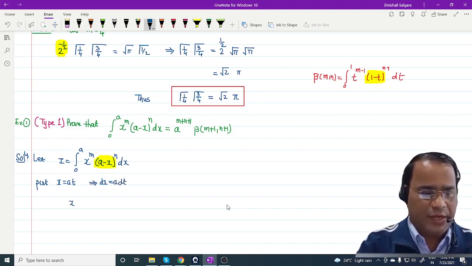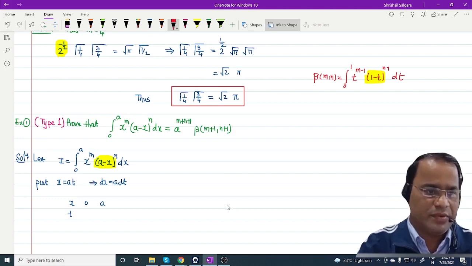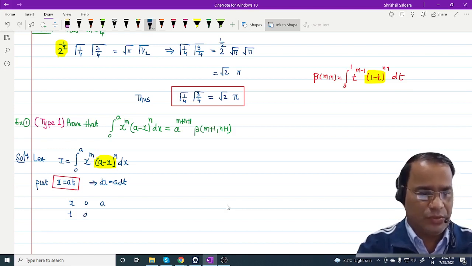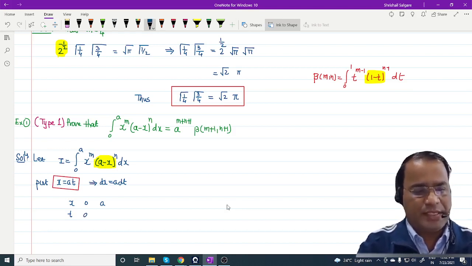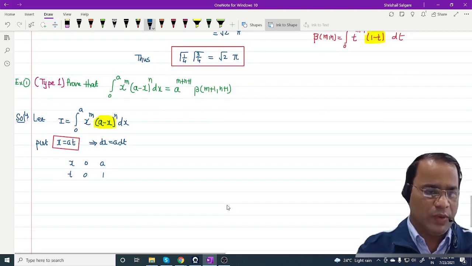Given limits for x are from 0 to a. When you substitute x is equal to 0, you will get t also 0. And when you substitute x is equal to a, you will get t is equal to 1. That means the new limits for t are from 0 to 1.